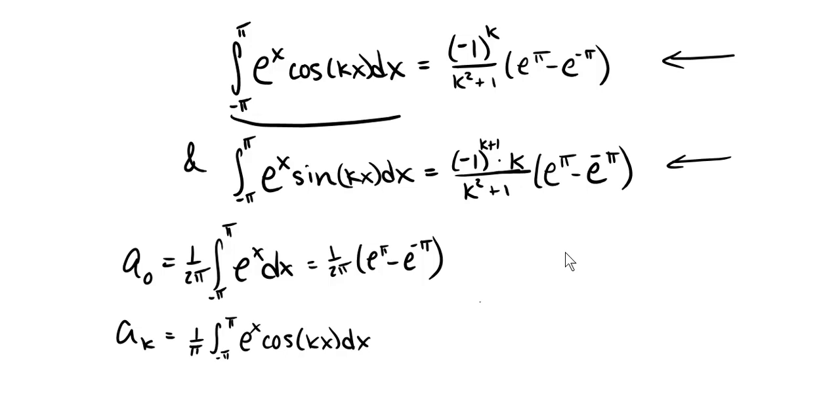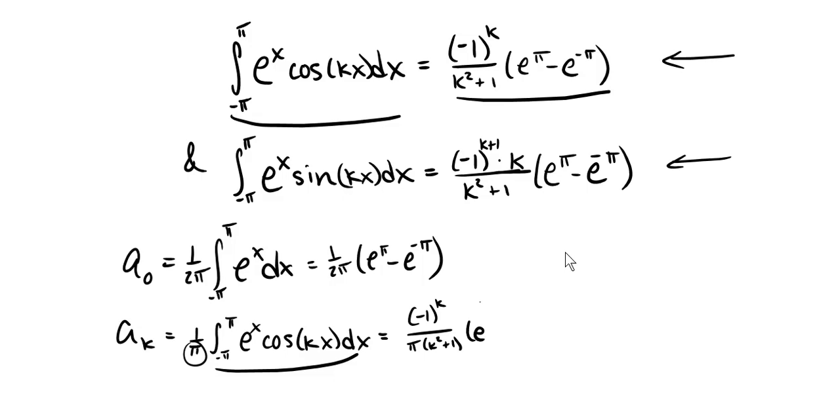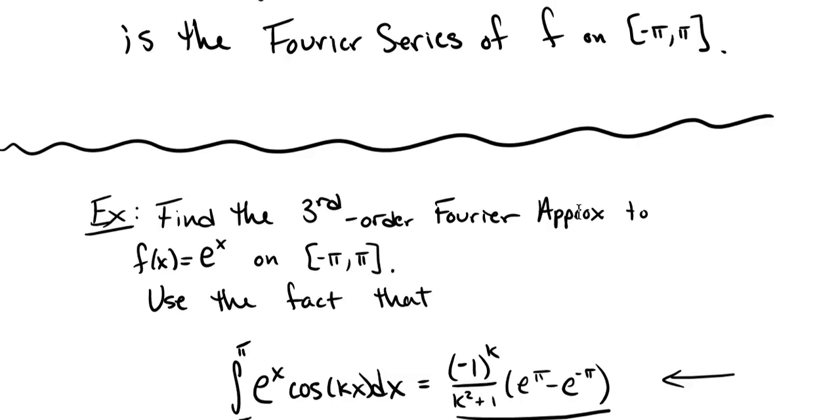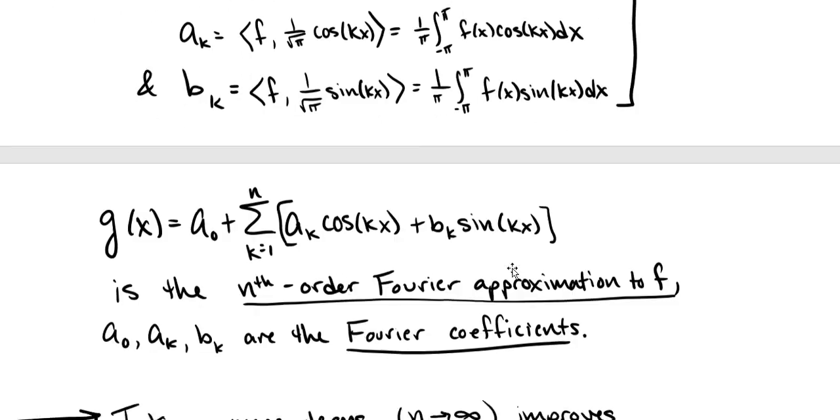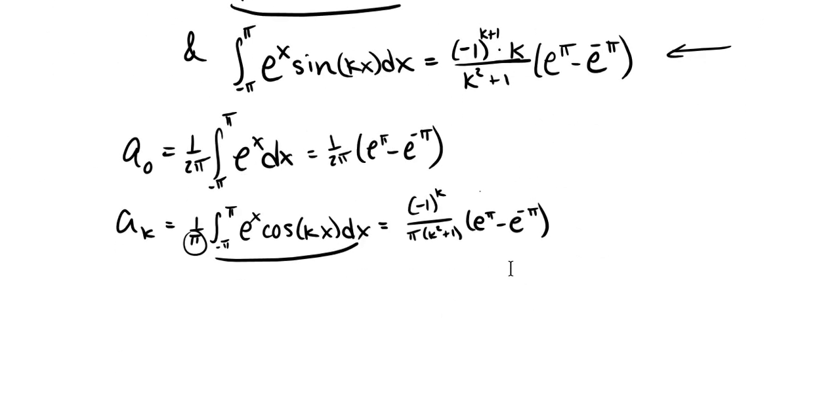You can probably handle that. Okay, but since we know what this integral comes out to, it's just all this stuff divided by pi. Finally, the bk's, remember the bk's up here are just 1 over pi times this integral. Let's see what I get there. It's just 1 over pi times this stuff.